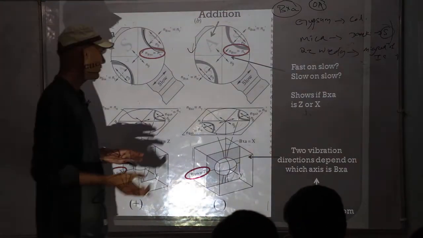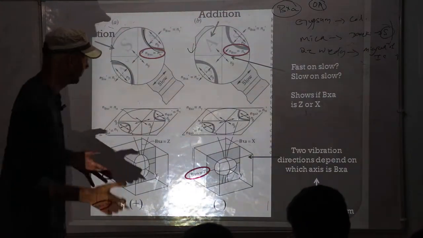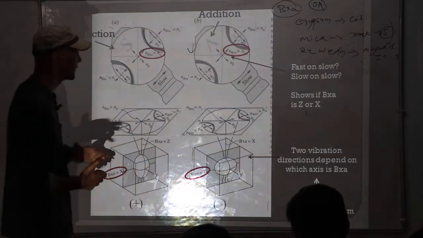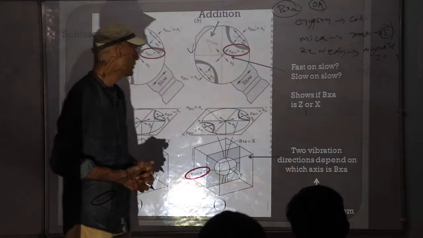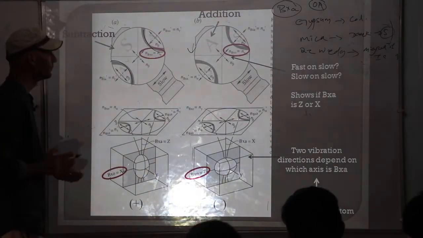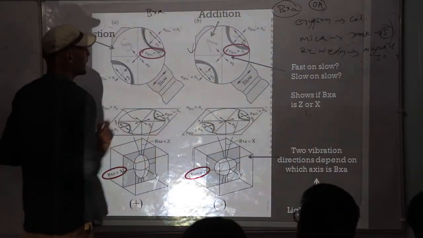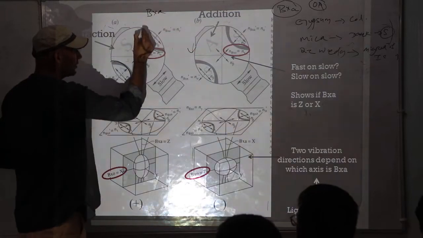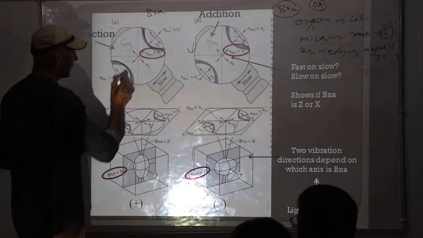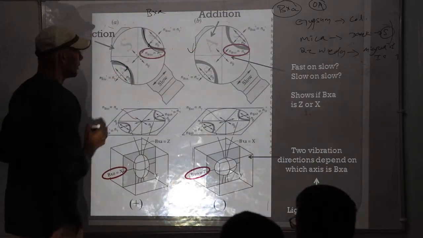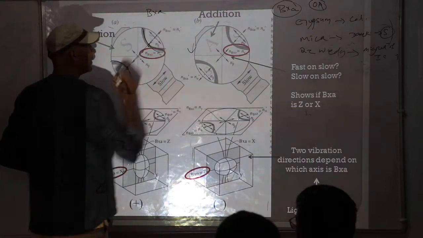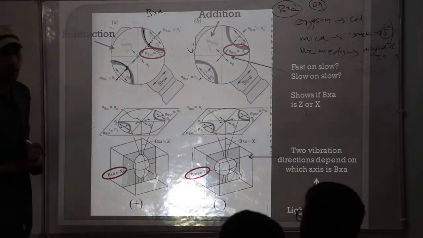In all other figures it is very difficult to determine the optic sign. So these two figures are useful. What happens if this is a BXA figure? You can see this is a BXA figure. You are finding two isogyres. There are two melatopes here. So you can know that this is the optic plane.